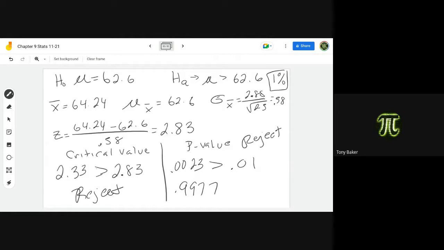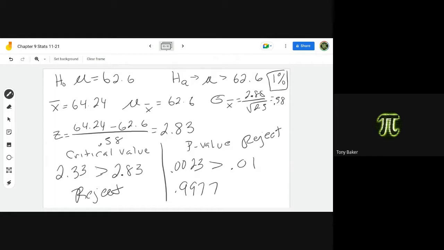You can look at either side of the table. For hypothesis testing, it's going to be easier to look at the right side because you're trying to compare numbers. In the problem we just looked at, we were looking for 2.83.